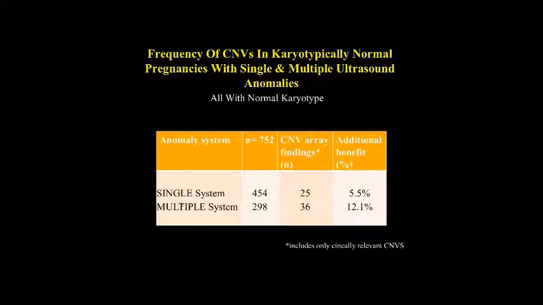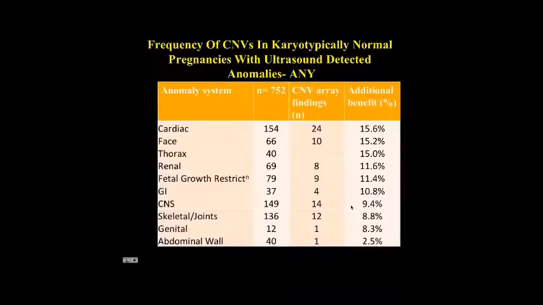If there's an anomaly only in a single system, the additional benefit from the microarray was about 5.5%, whereas if there are multiple systems involved, not surprisingly, there was over a doubling of the likelihood that an array would give us clinically relevant findings. It also varied by which systems the ultrasound demonstrated a structural abnormality.